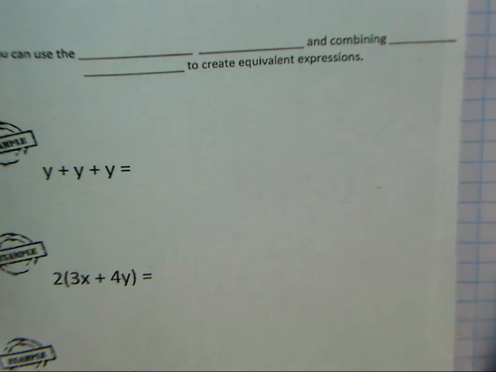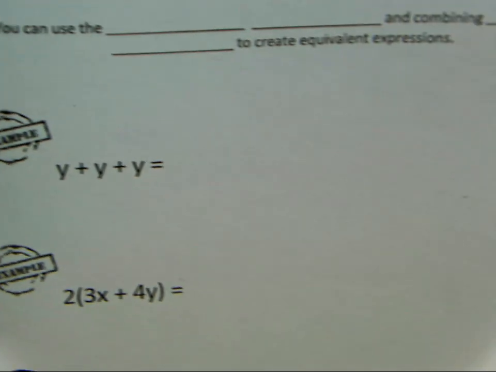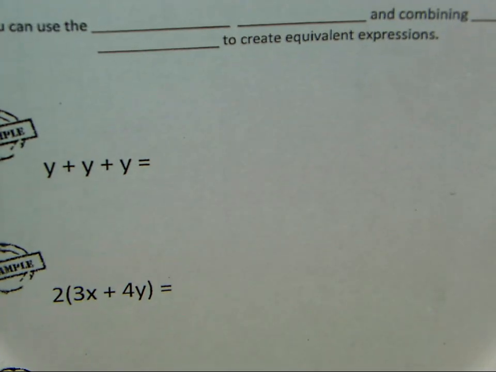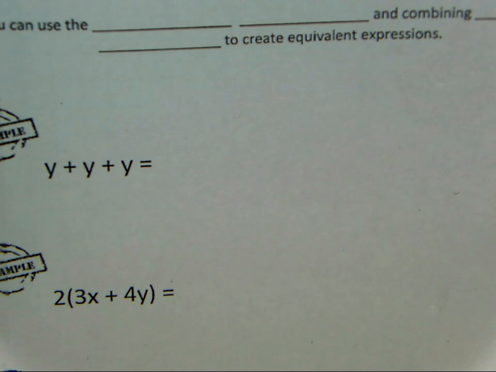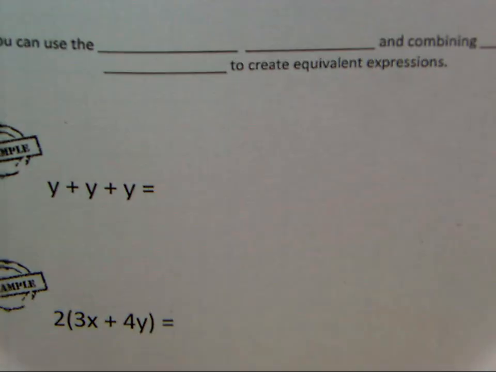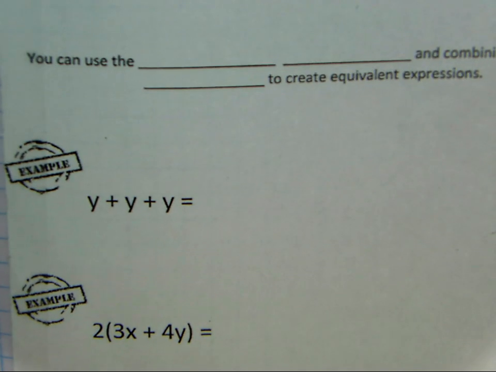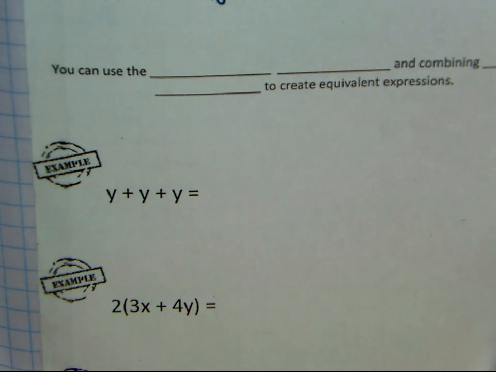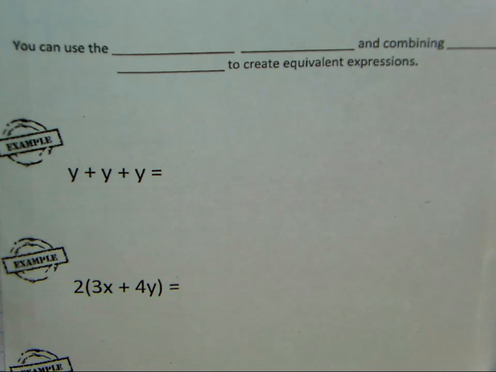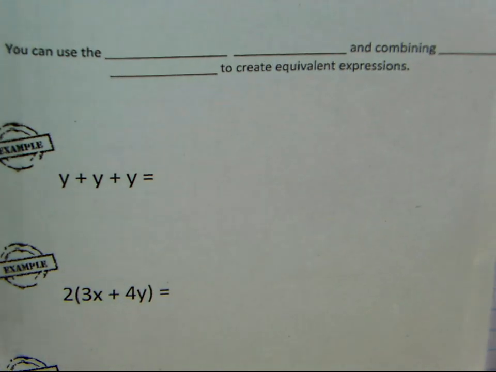Starting on this little section right here, we're going to fill in the blanks. For this, I just used one highlighter, but you can actually use a pen as well. You don't need any special colors today, really. Okay, so you can use the distributive property.